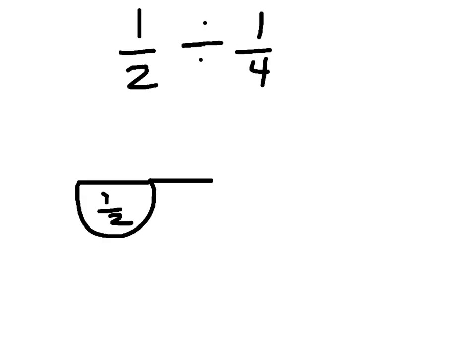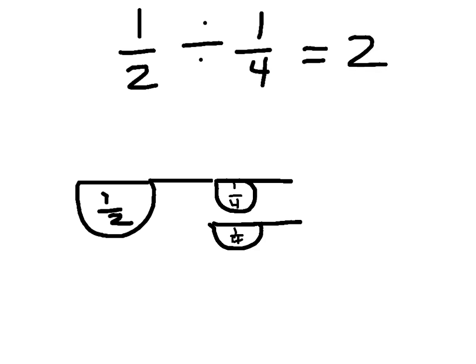Another way to think about division of fractions is to think about measuring cups. In a half cup of flour, how many quarter cups are there? Well, if you own a set of measuring cups, it's pretty easy to see that if you want to fill up a half cup, you need 2 quarter cups.